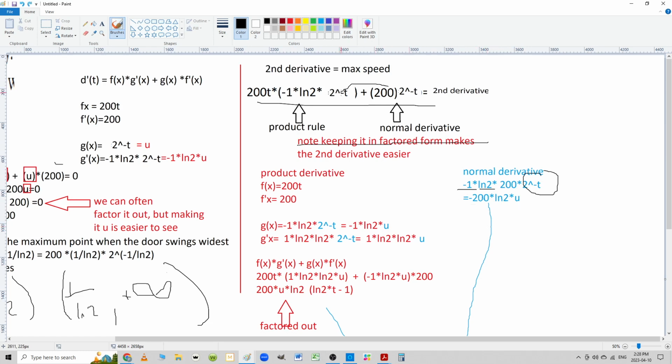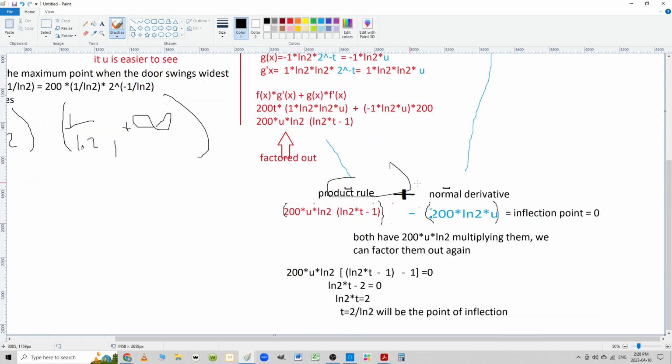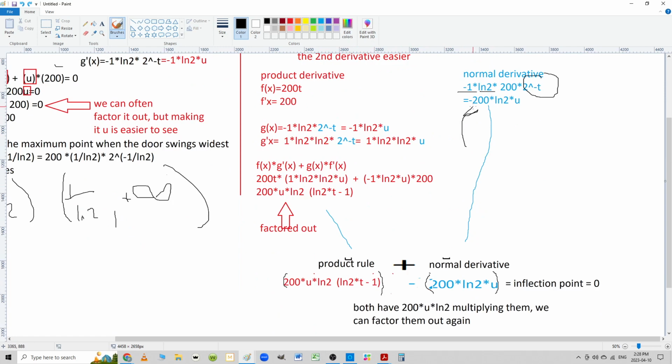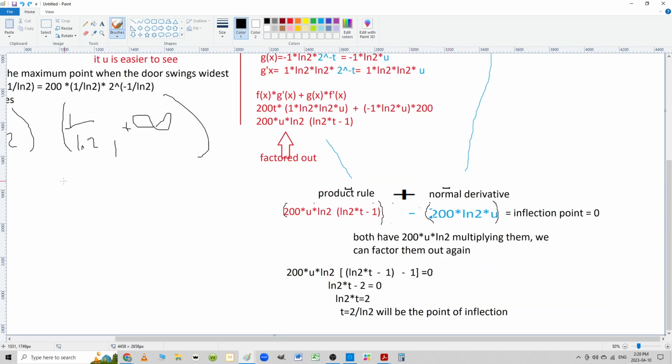Now I combine them the way I've combined them here because it's a plus here. So I get the product rule plus my normal derivative, but because my normal derivative is a negative, I've replaced the positive with a negative. And notice I got a 200 times u times ln 2 times ln 2, and this is its own bracket, so I'm just going to leave it as its own bracket. But this bracket is being multiplied by this stuff here.